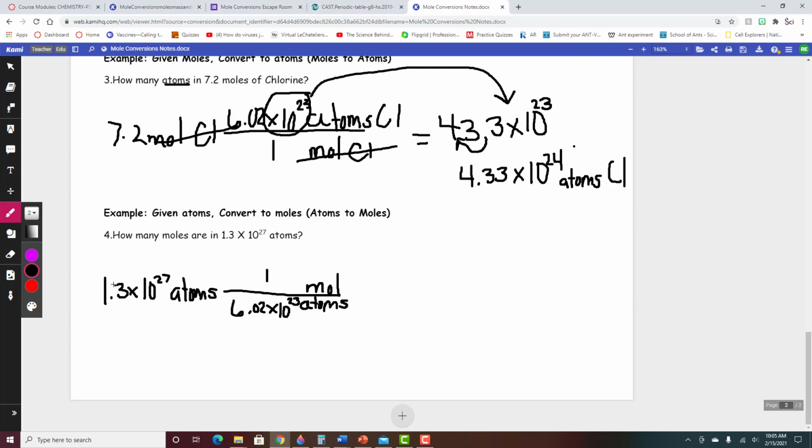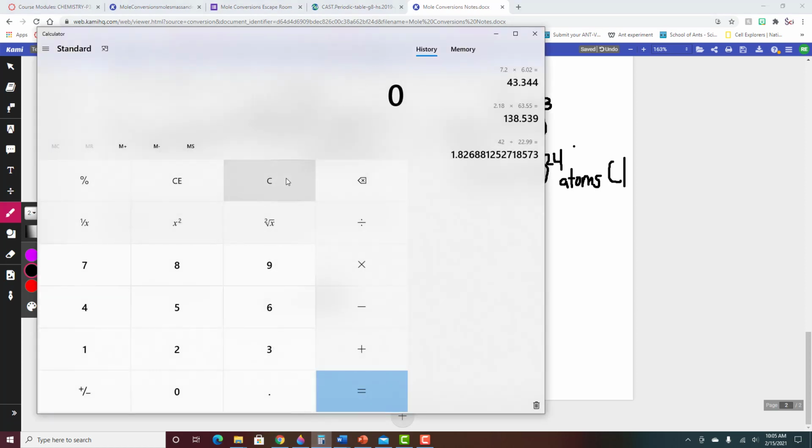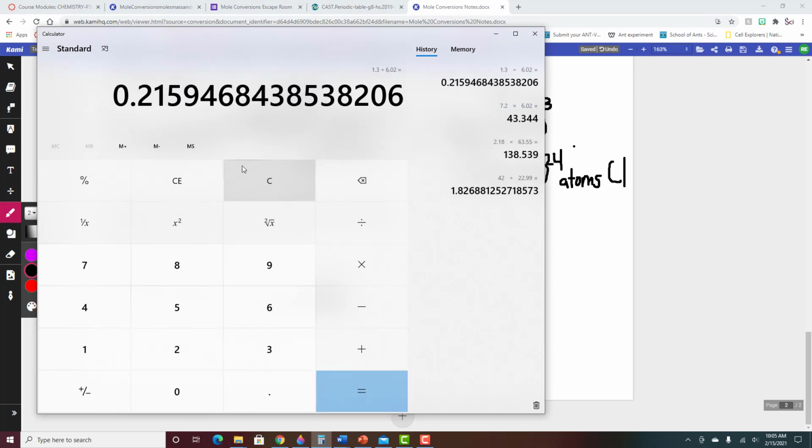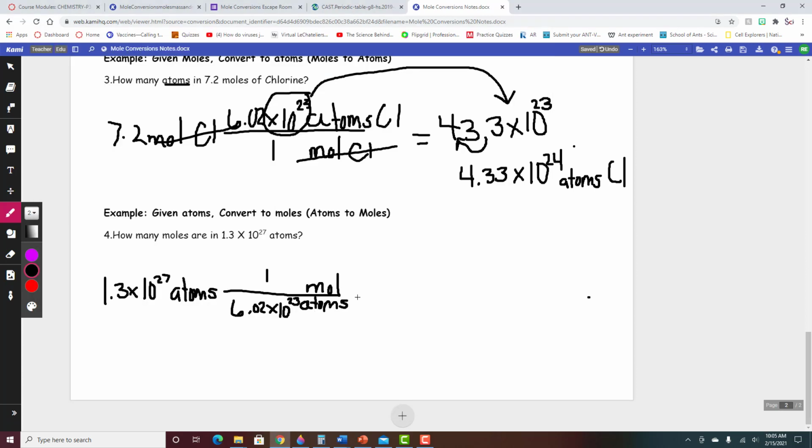Okay, now we solve. So when you have a number on the bottom, you're going to divide. So 1.3 divided by 6.02. So put that into your calculator, 1.3 divided by 6.02. And that gives you that number there. So I'm going to do 0.216. So this equals 0.216.